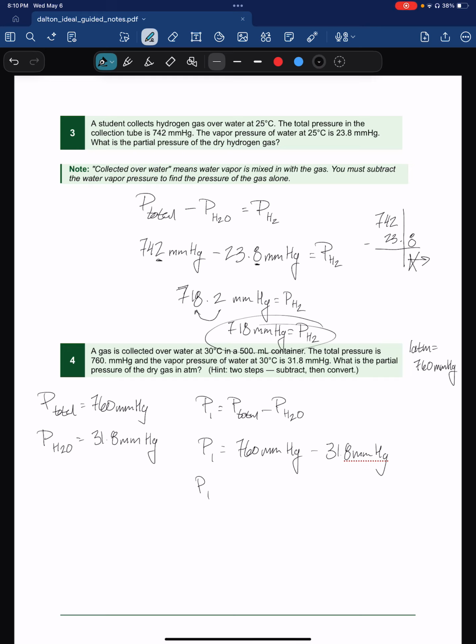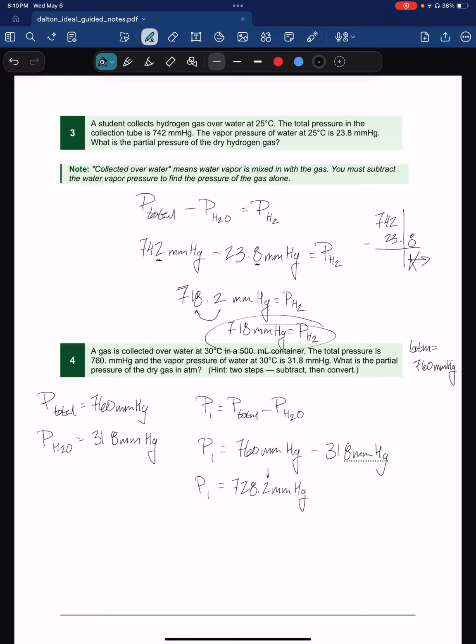And when we do that, we will get 728.2 millimeters of mercury. Remember that this last digit is not significant.